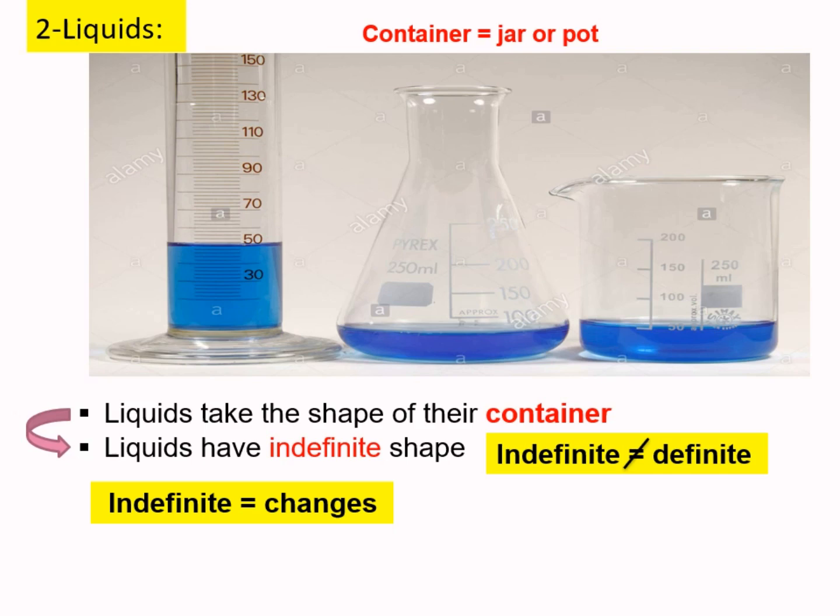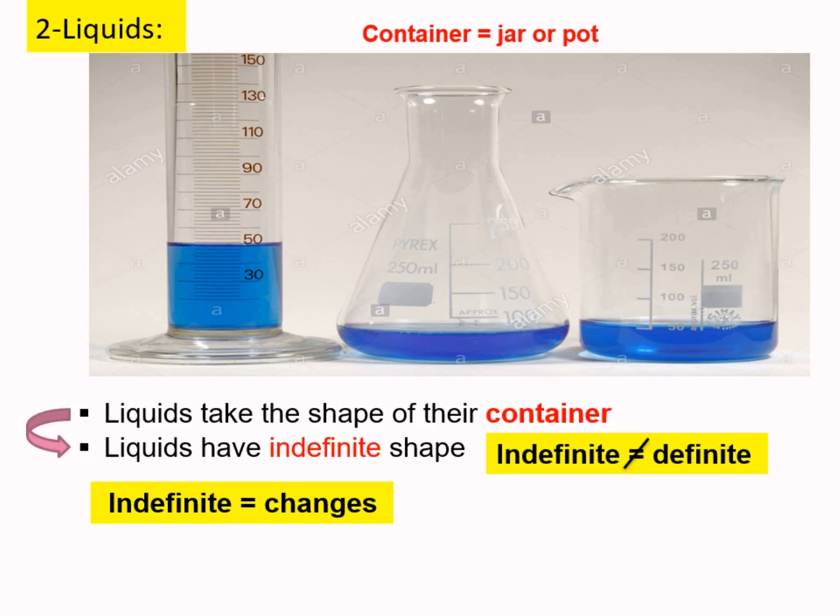Now, let's take a look at the volume. Does the volume change when I move it from one pot to another one? Does the 50 milliliters change when I pour it from the cylinder to the flask? Well, clearly no. You can see in the cylinder, here it's still 50 milliliters, and also in the flask and the beaker. All of them have only 50 milliliters of the liquid.